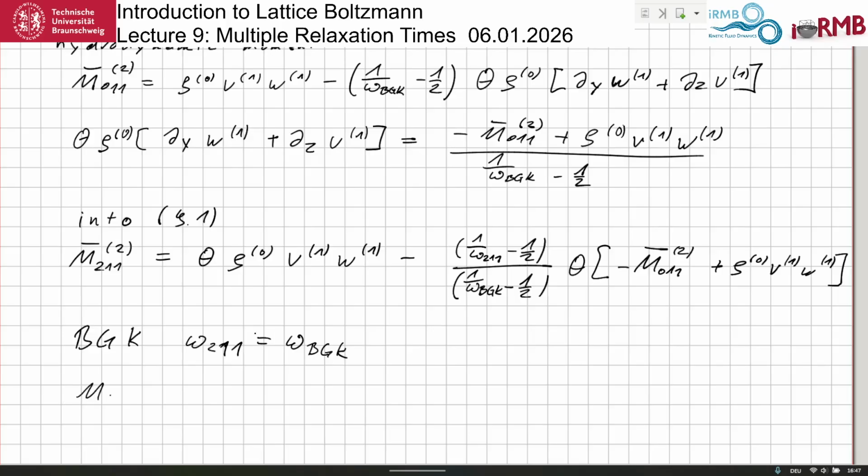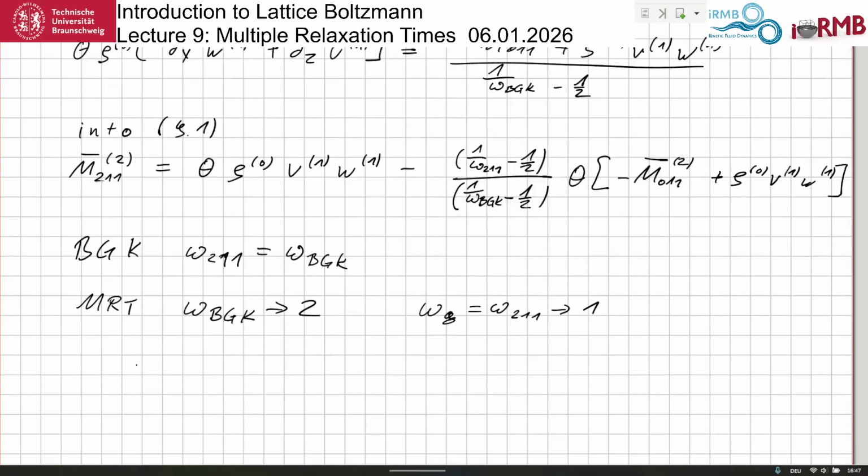In MRT, what we want to do is get this closer to 2, while the ghost we potentially want to put to something else.